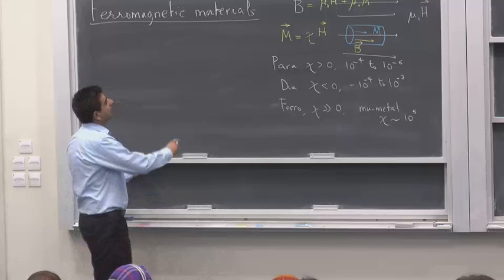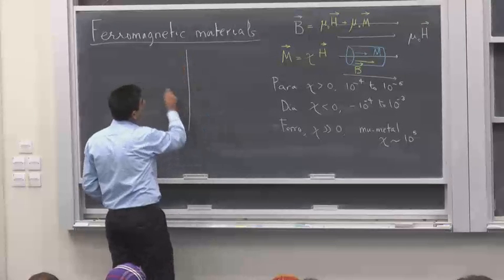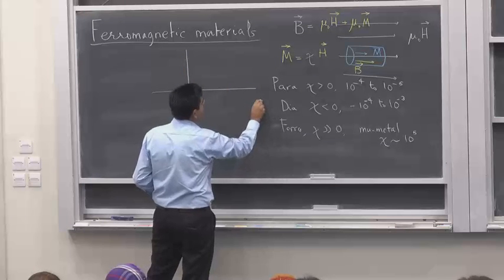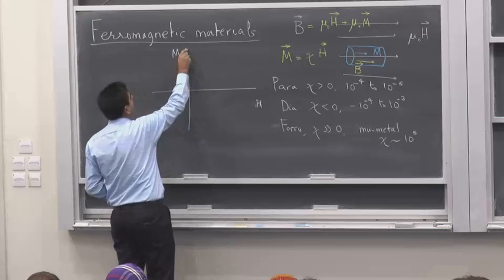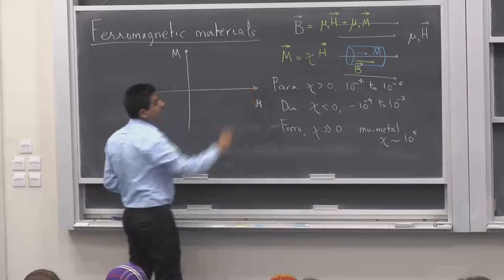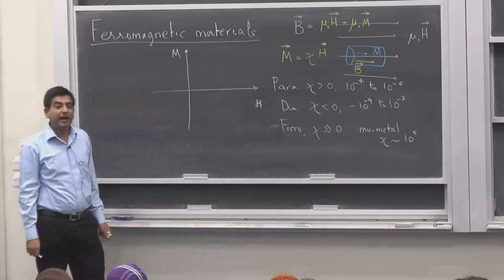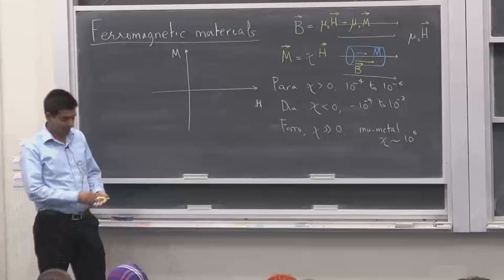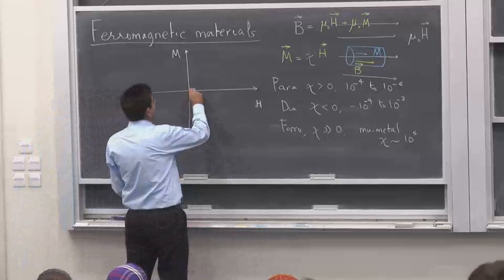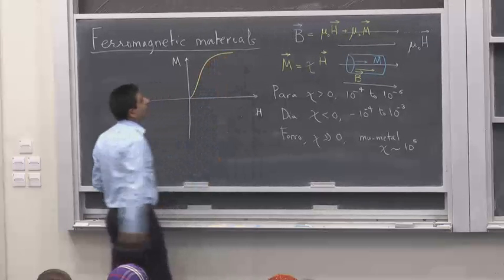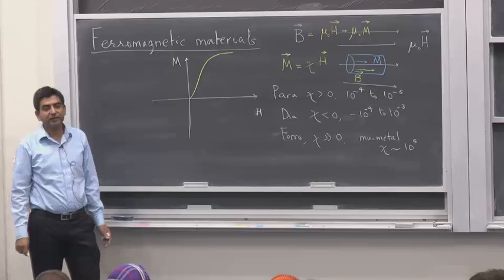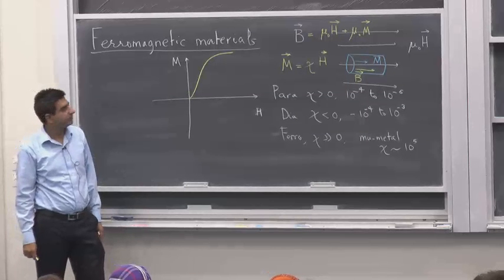For ferromagnetic materials, we observed that if we were to plot the magnetization of this medium versus the applied field, first of all, chi depends upon H, which means that this relationship is nonlinear. This is the kind of curve that we experimentally observe for different kinds of ferromagnetic materials.